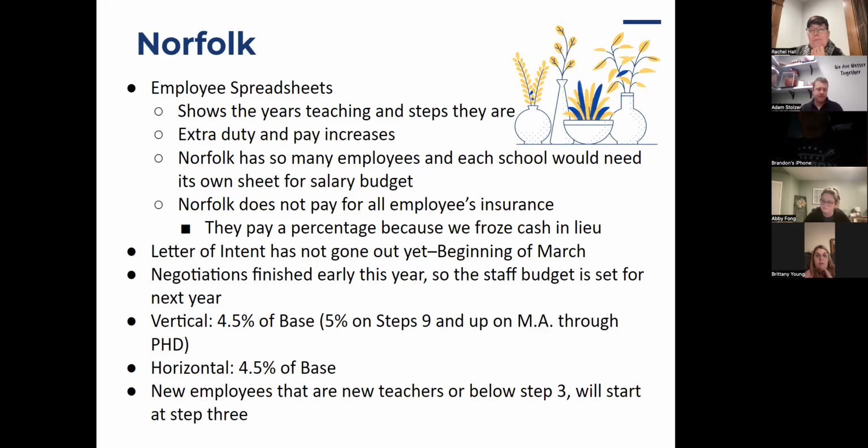Okay, so Norfolk is the last one. And kind of like Rachel, I messed around with the spreadsheet. It wasn't really too bad after I started to figure things out. The only thing is that I probably would not want to be a superintendent of a large school starting out.